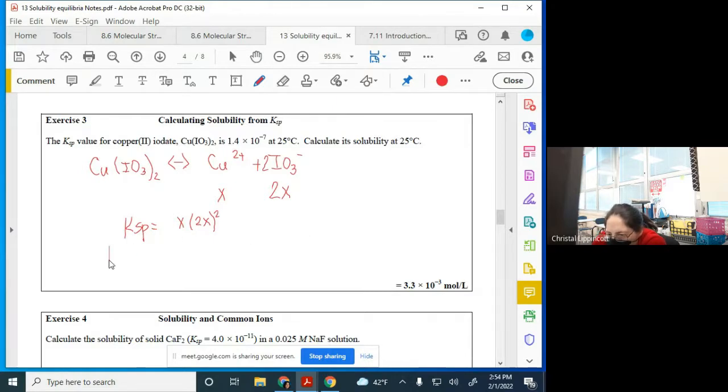Okay, so 1.4 times 10 to the minus 7 equals 4X cubed. Divide both sides by 4, take the cube root of whatever that is, and X should equal, I don't know. Did you do that? Not yet. You're going to try that on your calculators? All right. Now I'm up to speed.